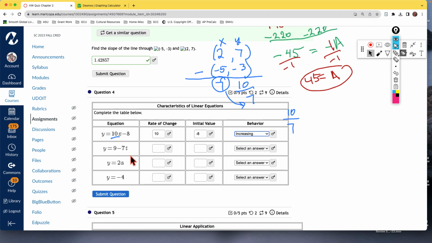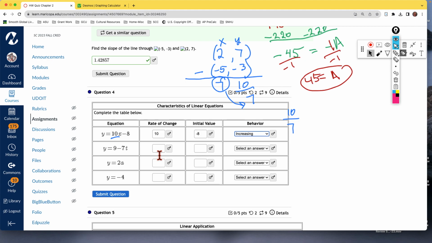Okay, the next one, what is our rate of change? Is that 9? Good. I was throwing you off there. What is the rate of change? -7. So it's going down. So it's always the number in front of the variable. When they move the order, it's not always the first one.